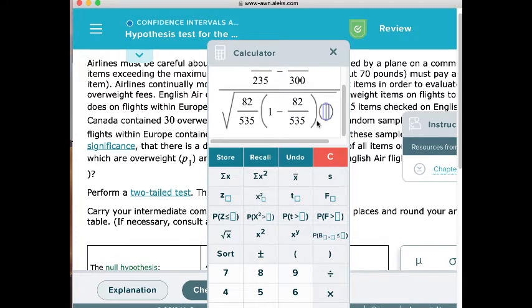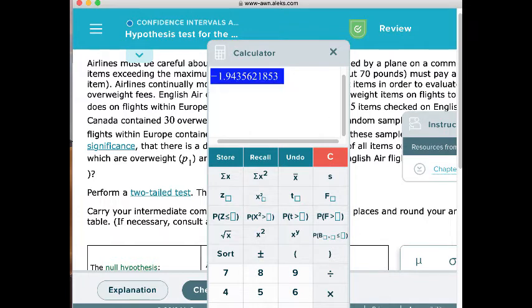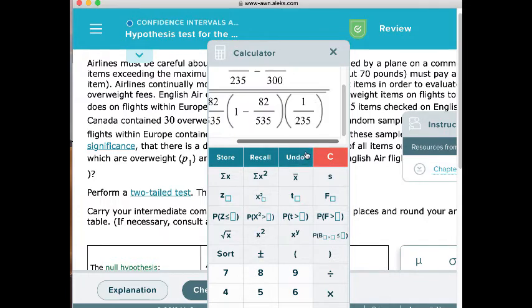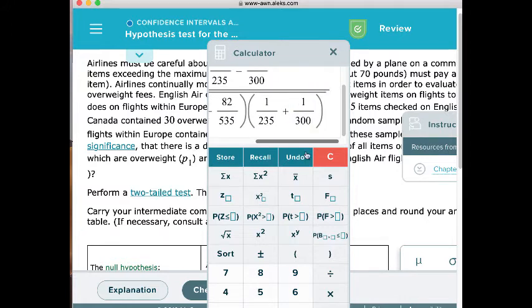So the first sample size was 235, so 1 over 235, that's the first reciprocal, plus 1 over 300, which is the second sample size, and then we have the reciprocal.